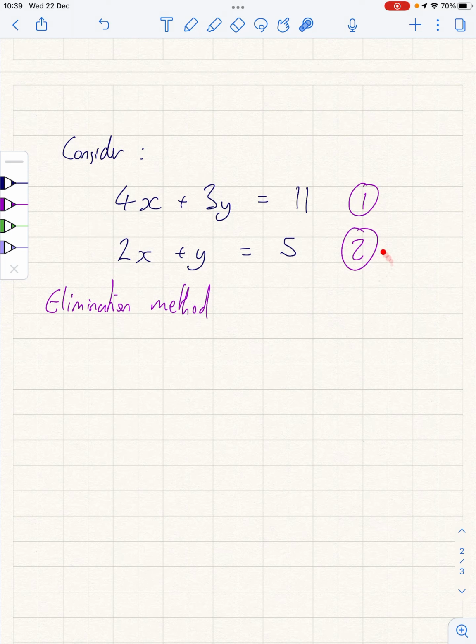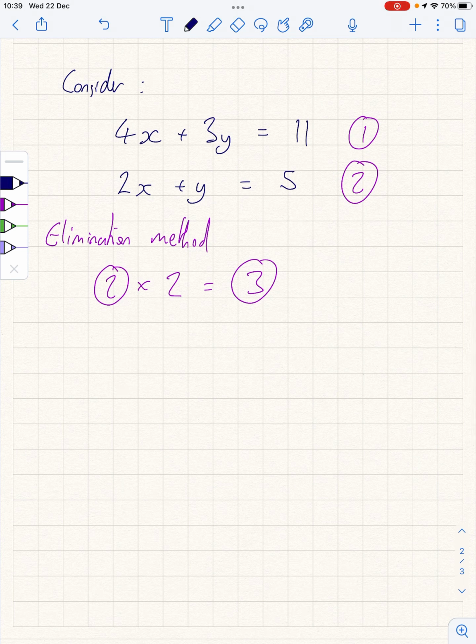I'm going to multiply equation 2 by 2, and I'm explaining with the working out what I'm doing. So I'm going to create a third equation. 2x times 2 is 4x, y times 2 is 2y, and that's equal to 5 times 2 is 10. Everything is an equivalent equation, everything has just been doubled. We call that equation number 3.